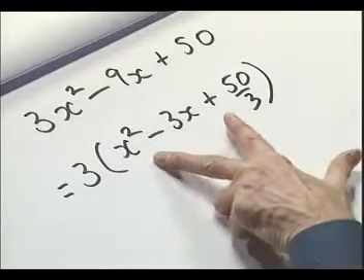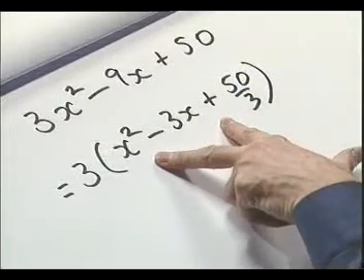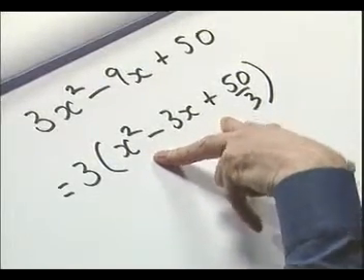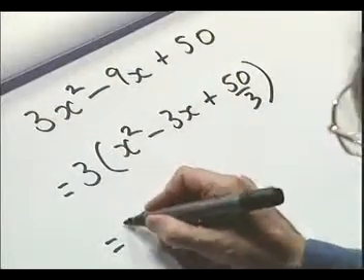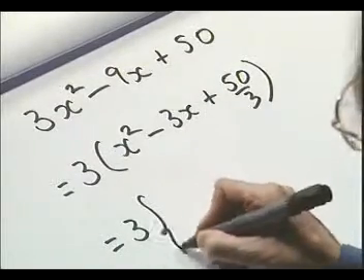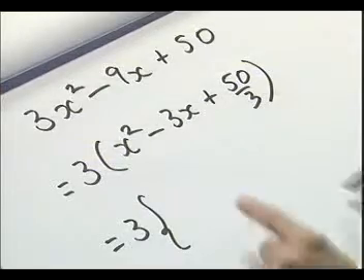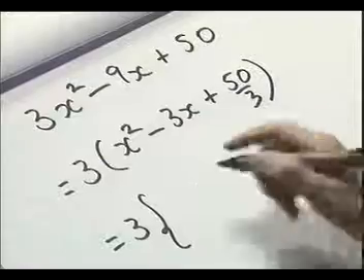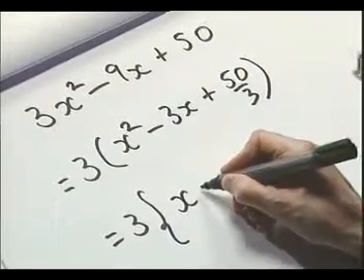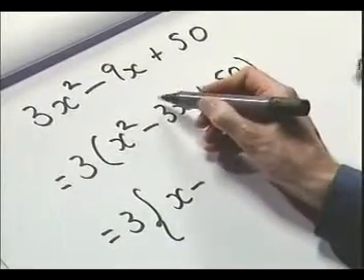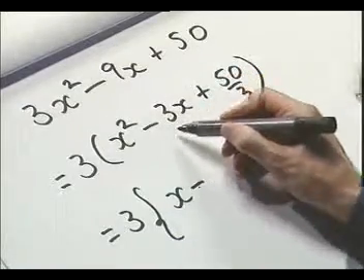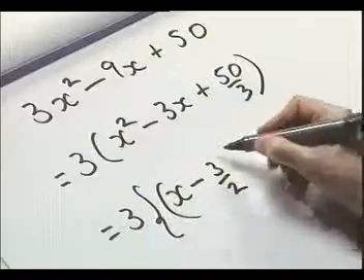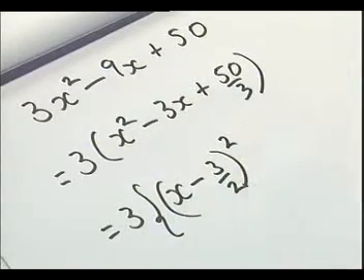And now we look at this thing here in the bracket, because this is now exactly the same sort of expression that we've had before. Equals 3. Let's have a big curly bracket. I'm going to complete the square around this, so this is going to be x minus, look at the coefficient of x and take half of it, 3 over 2, all squared.